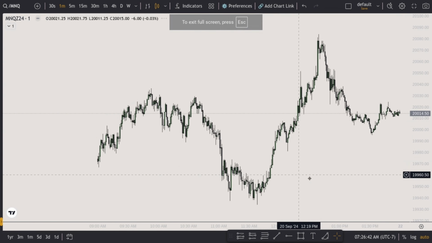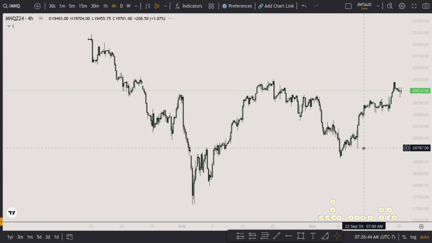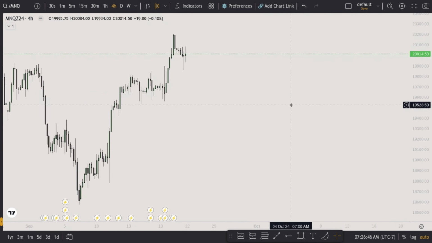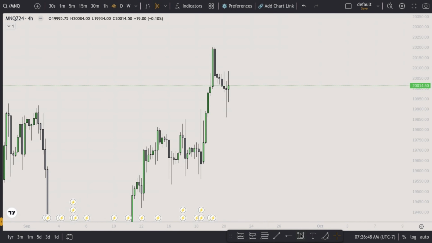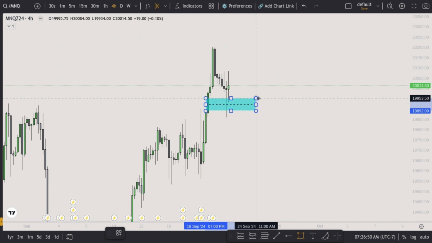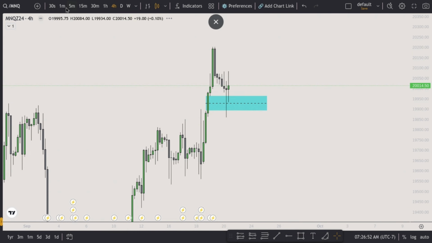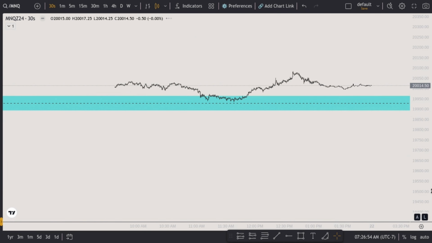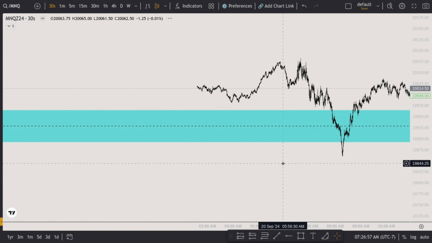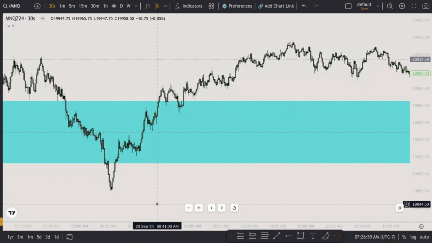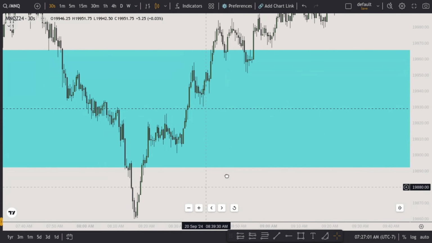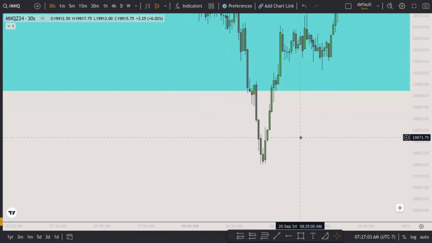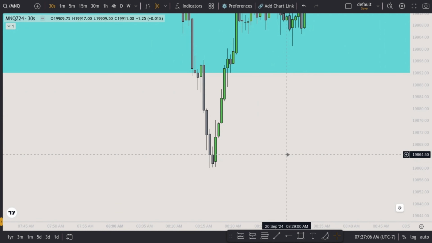All right, so we're gonna go over the move that we had yesterday, which is this gap right here. Now let's go over the 30-second time frame. Right around here. Now, as you can see, this is gonna be the trick with this.